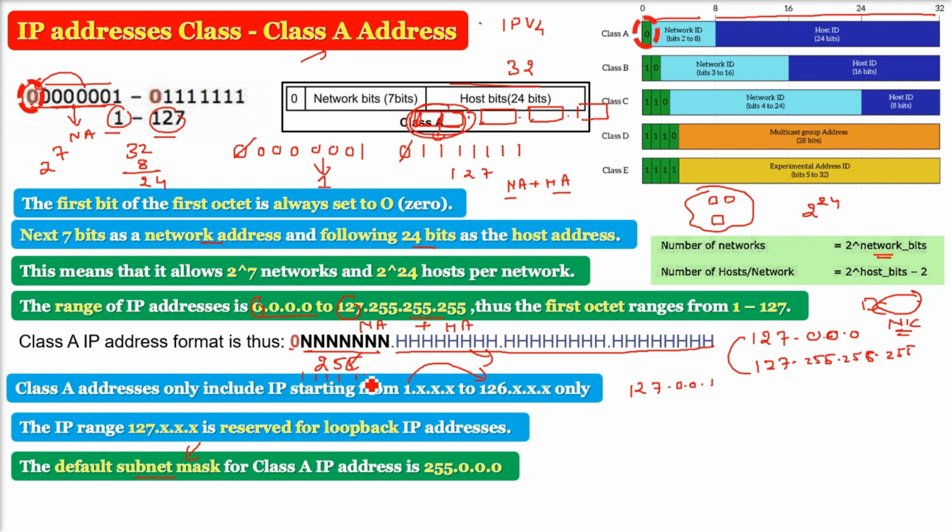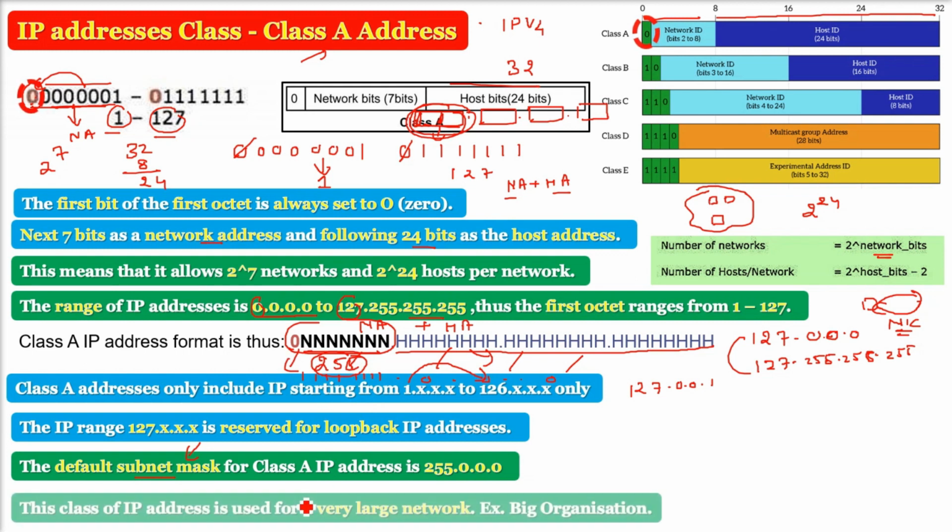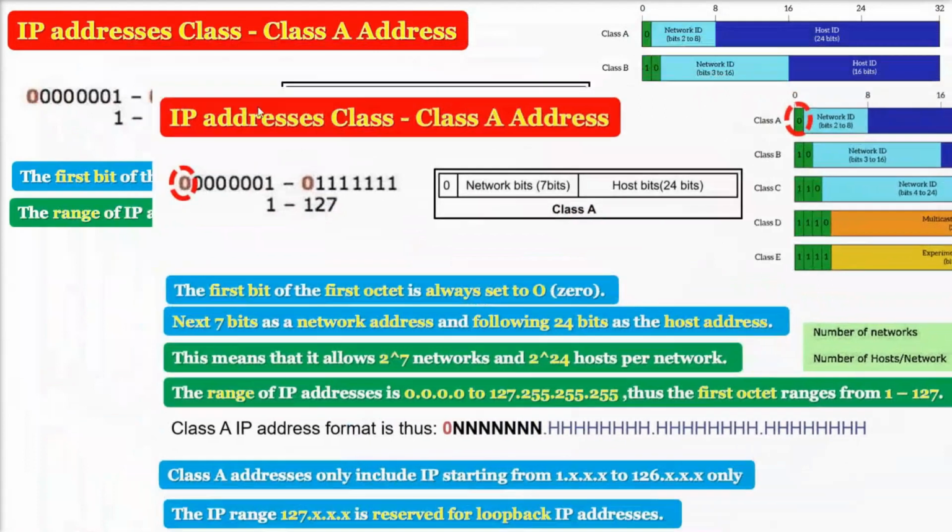For example, if you combine this number with 255.0.0.0, where 255 is all ones, the first octet will come out as it is, and that is actually the network address. That is how many networks we can have. If you have a very large network, a class A address is used, for example for a big organization.